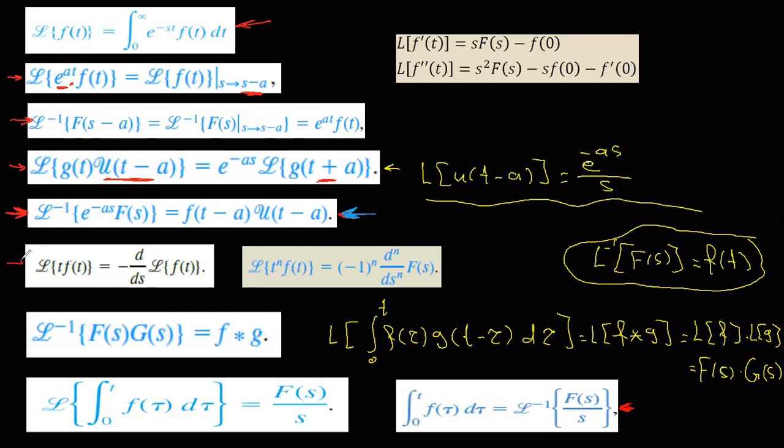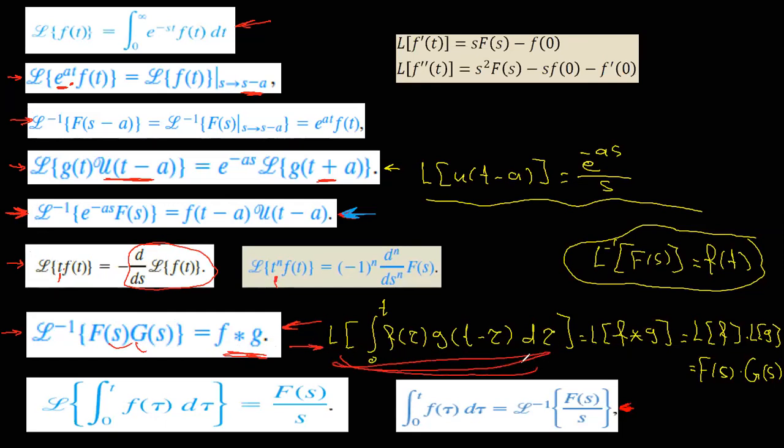Then we move to the Laplace transform of a product between two functions, one of them is a polynomial, and it's given to be the derivative with respect to s of the Laplace transform. And we studied also the Laplace inverse of a product between two functions to be their convolution. This theorem or this identity comes from this rule, which is the Laplace of the convolution.